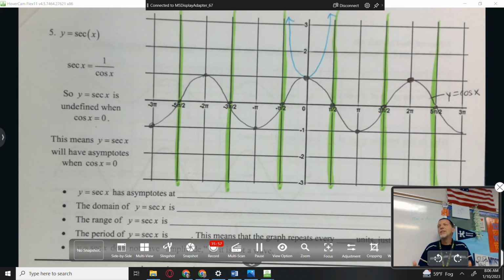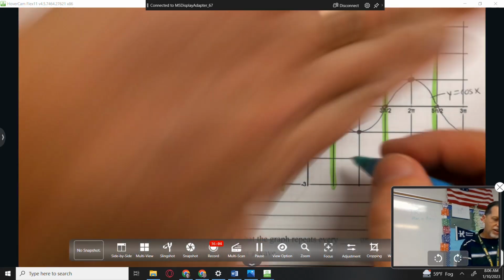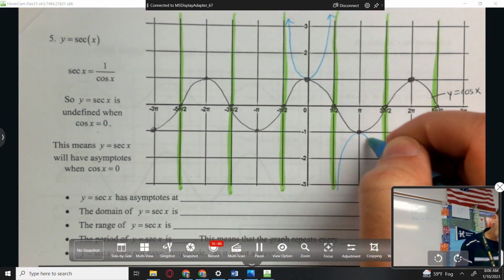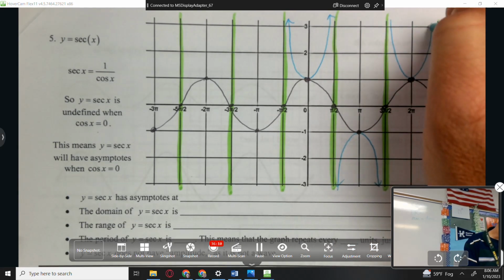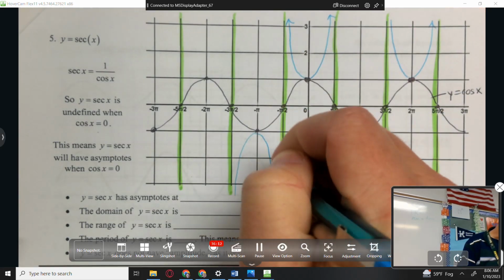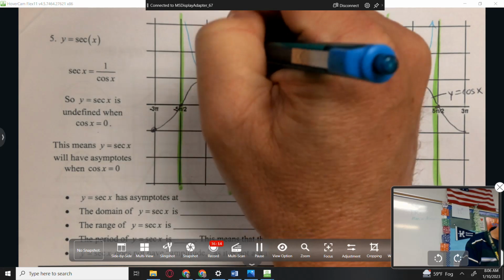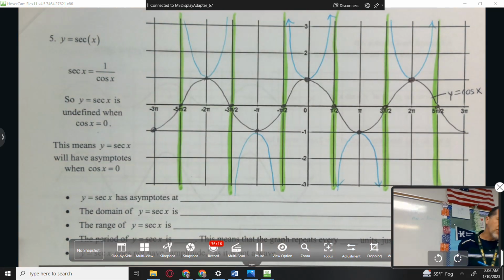But a parabola-looking kind of thing. And if we flip the bottom one over, we just make these u's off the max and min, and there's our graph of secant.